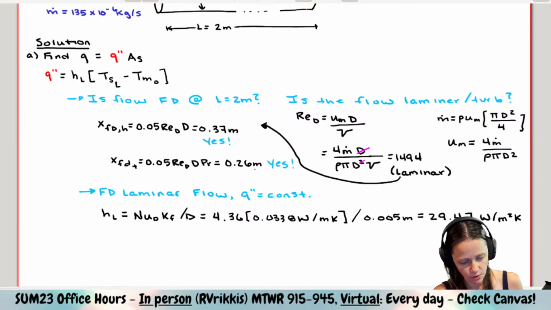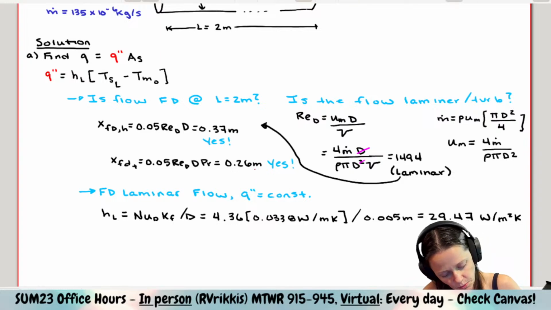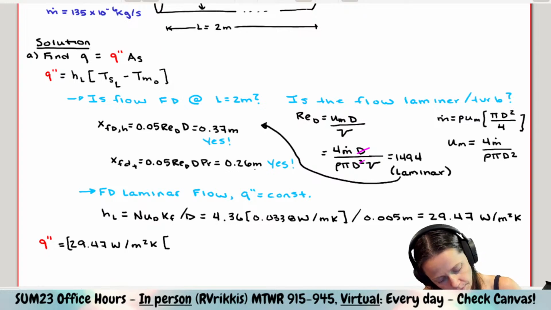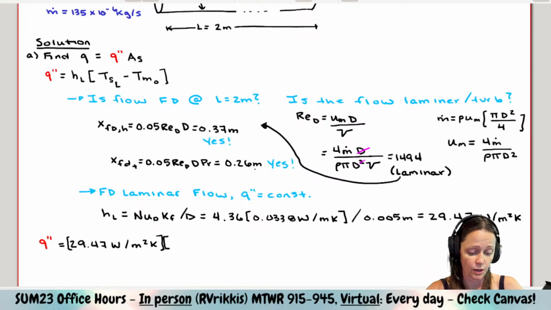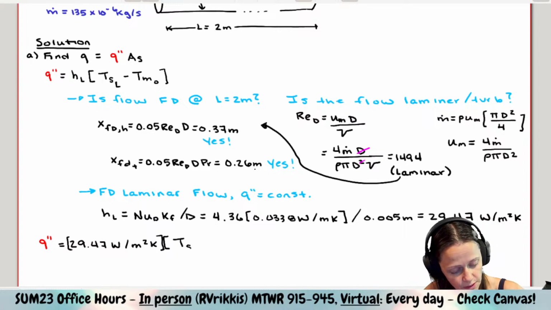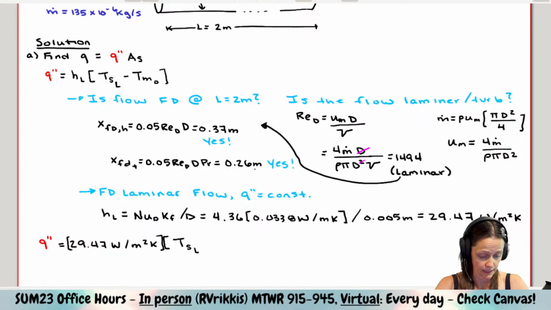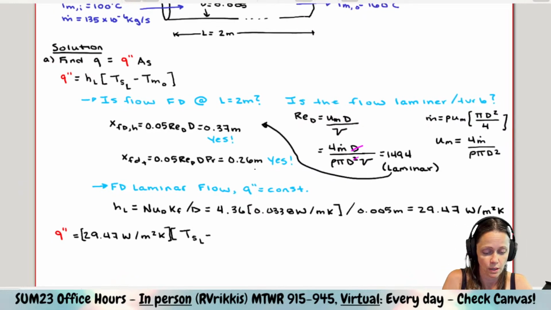Okay, so perfect. Let's go ahead and at least write this with stuff that we know. So now I know the h value, that's my 29.47 watts per meter squared Kelvin. Put that in a box there. We need our surface temperature at x equals L, which I don't know.